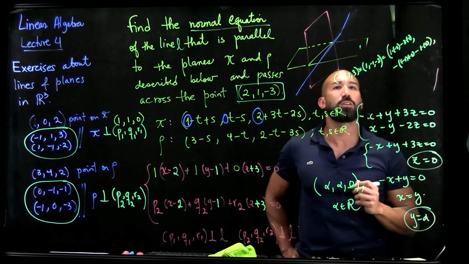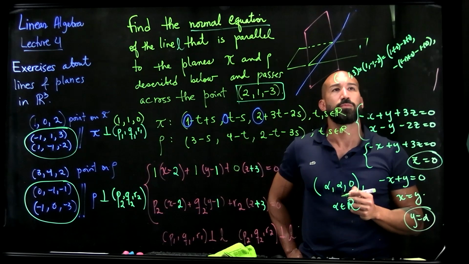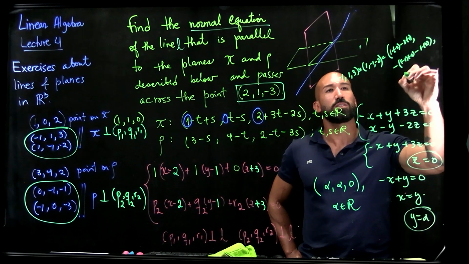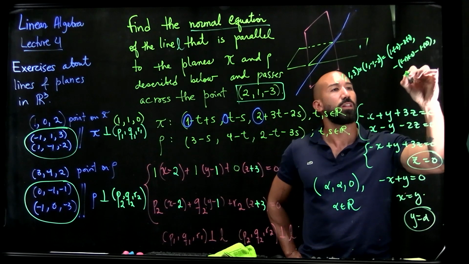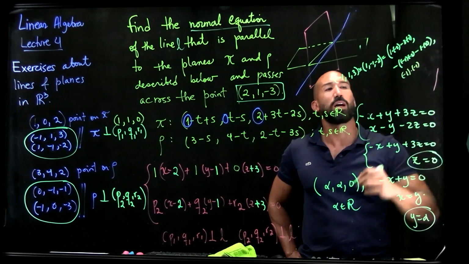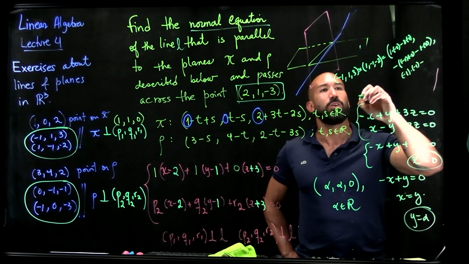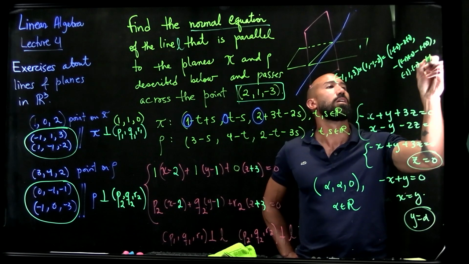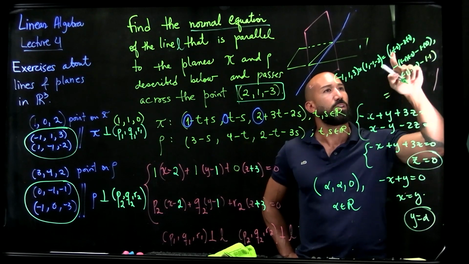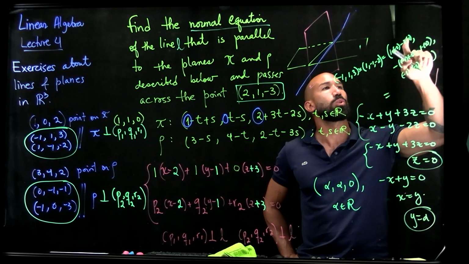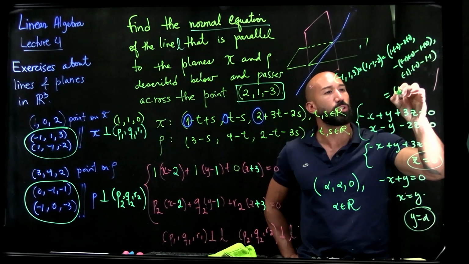And the third component is going to be minus 1 times minus 1 minus 1 times 1. Okay, and now 1 times negative 2 is minus 2, minus 3 times minus 1 is positive 3, so 3 minus 2 is just 1.